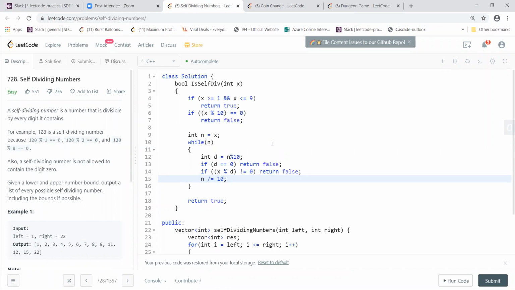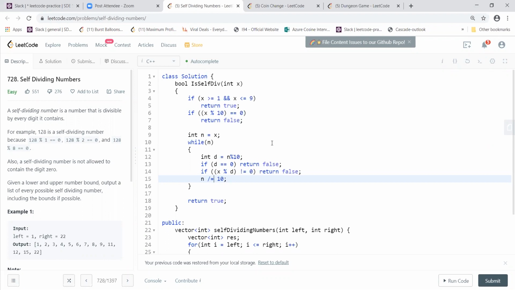So here, each time you are dividing this number by 10. For every for loop iteration, you are calling this function, so this while loop will be called. So the order of n log k, it will take every time for a bigger number, in the worst case. Let's say n is 100, then you'll divide by 10 two times to reach 0.